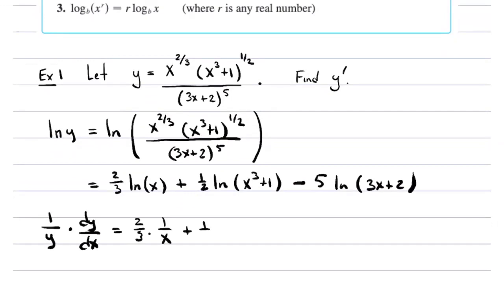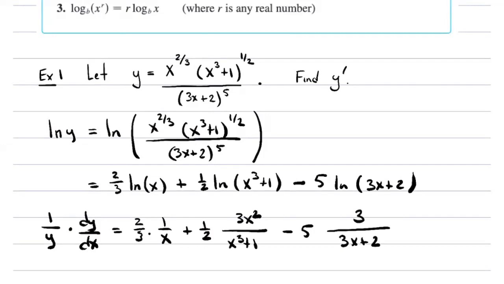I've got 1/2 times the derivative of log of x cubed plus 1, so that's 1 over x cubed plus 1 times the derivative of x cubed plus 1 by the chain rule. And then 5 times the derivative of log of 3x plus 2, so that's 1 over 3x plus 2 times the derivative of 3x plus 2 by the chain rule.